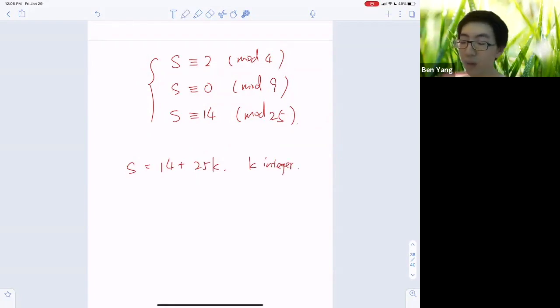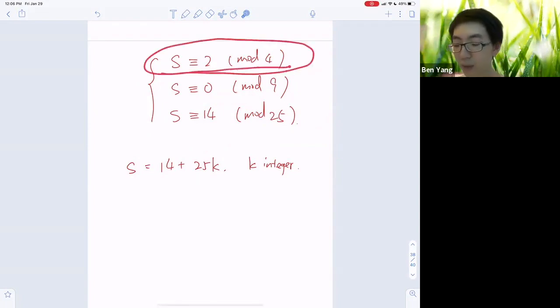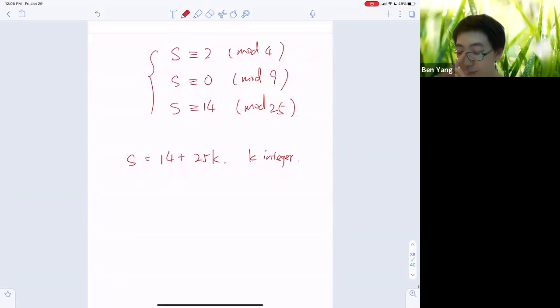At the same time, we want S to satisfy the first equation: S is equivalent to 2 mod 4. And we can simply try some numbers for K. So apparently when K is equal to 0, that works. When K is equal to 0, we have S equivalent to 2 mod 4.